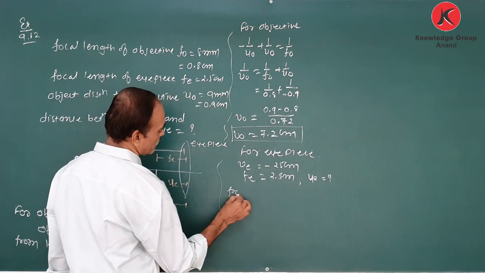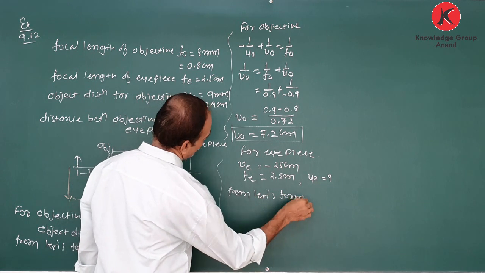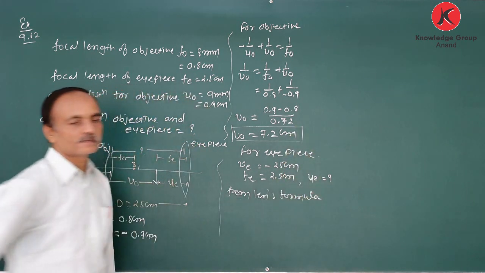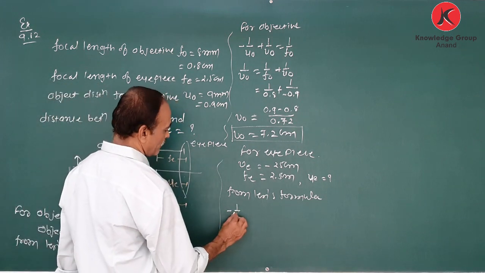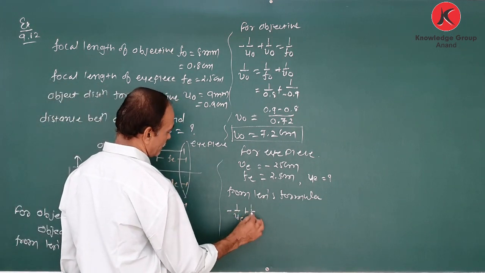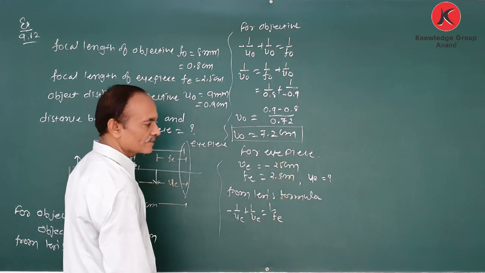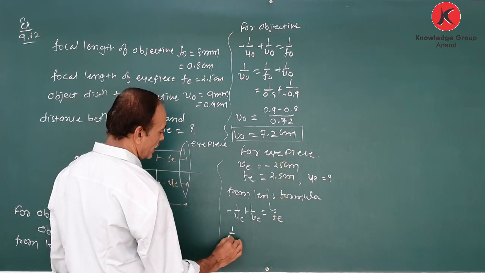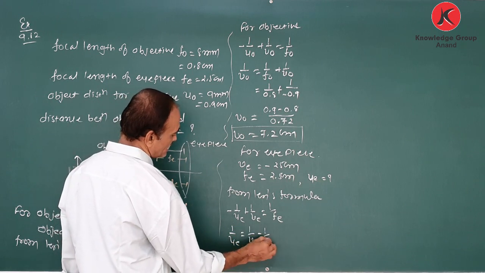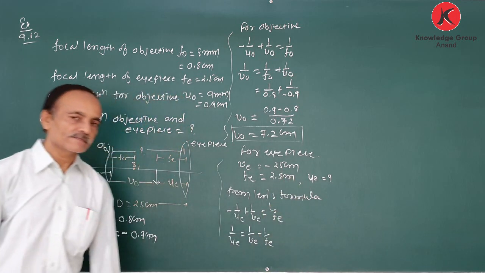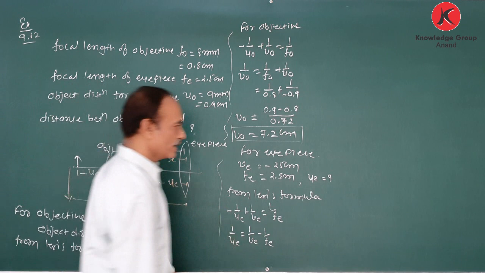So from lens formula, minus 1 upon UE plus 1 upon VE is equal to 1 upon F. Therefore, 1 upon UE is equal to 1 upon VE minus 1 upon FE.